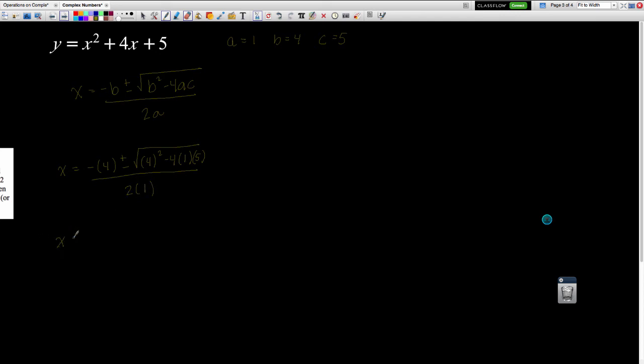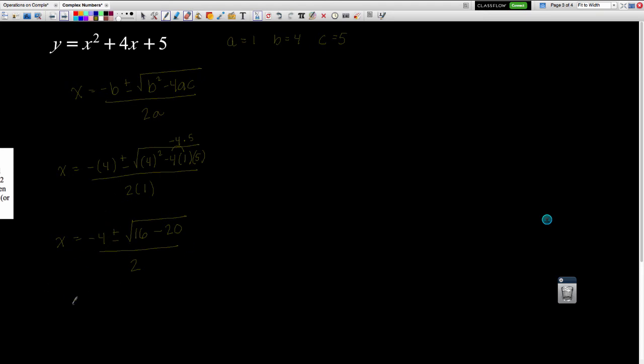And we just keep on simplifying. The opposite of 4 is negative 4, plus or minus the square root of 4 squared is 16. Negative 4 times a positive 1 is a negative 4, and a negative 4 times a positive 5 is a negative 20, all divided by 2.